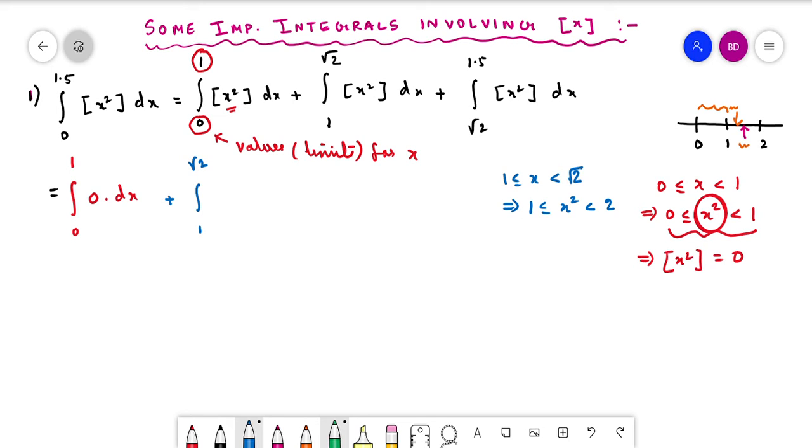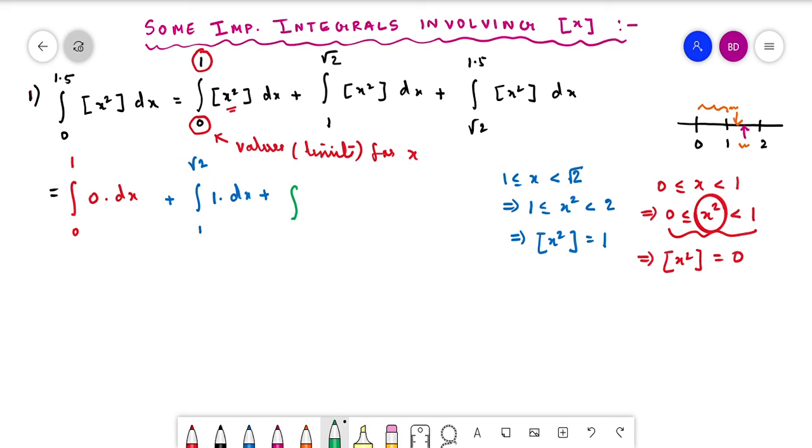If x square lies between 1 and 2, then the value of box x square will be 1. This is precisely the reason why we have divided it into 1 to root 2. So that if x falls between 1 and root 2, x square will automatically fall between 1 and 2, and that is exactly the next interval that we want after 0 to 1. So in this interval, box x square takes the value 1. So 1 into dx.